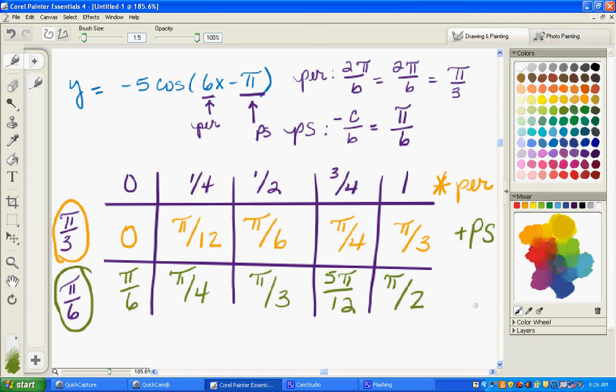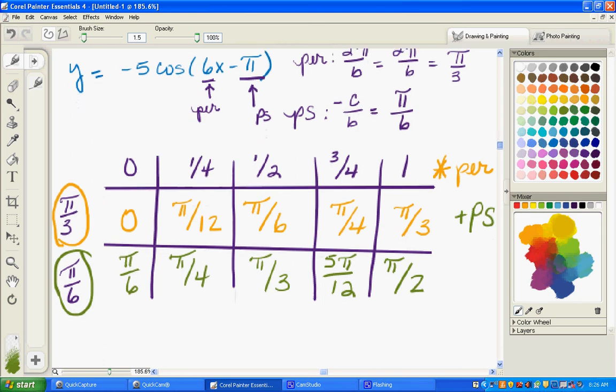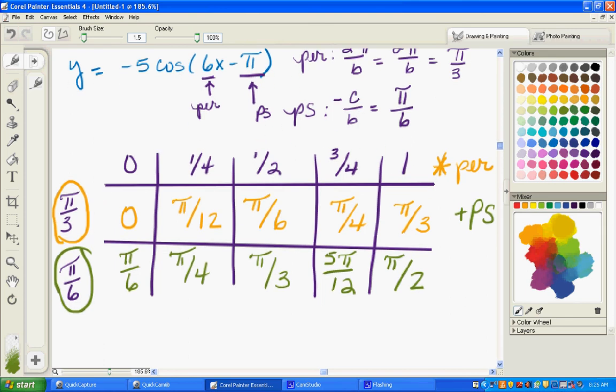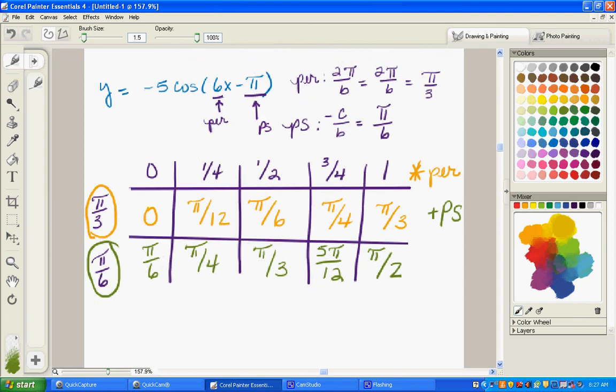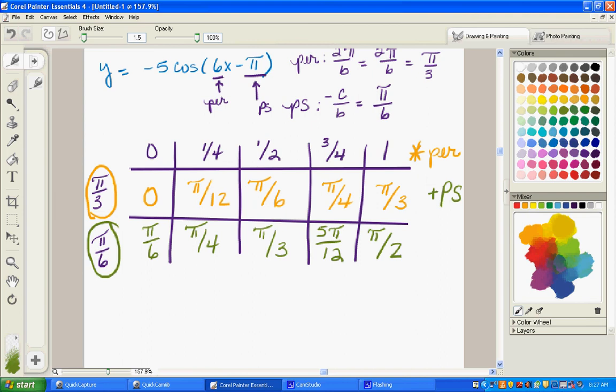Okay, so here is my x-axis. These are the numbers that I'm going to plot on the x-axis. Let's go ahead and set up a coordinate plane here and put on it this third row.